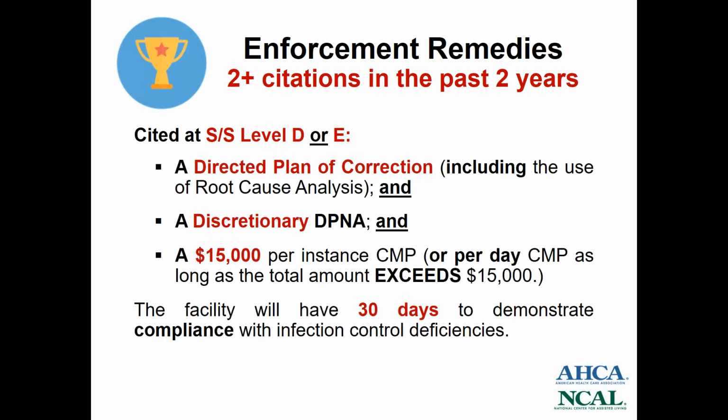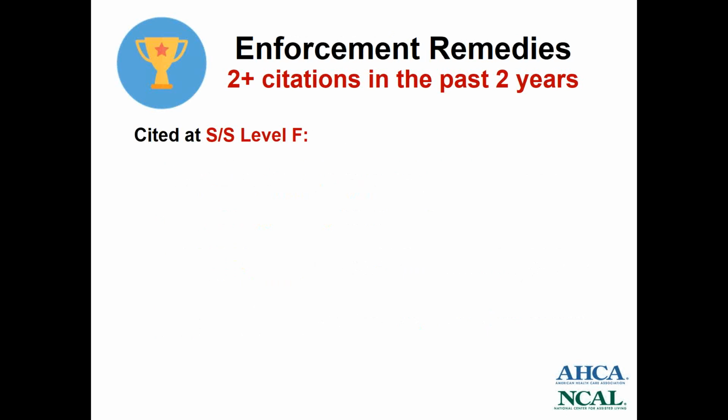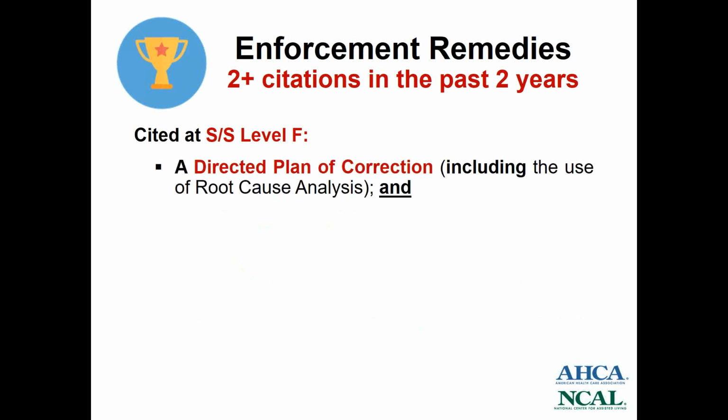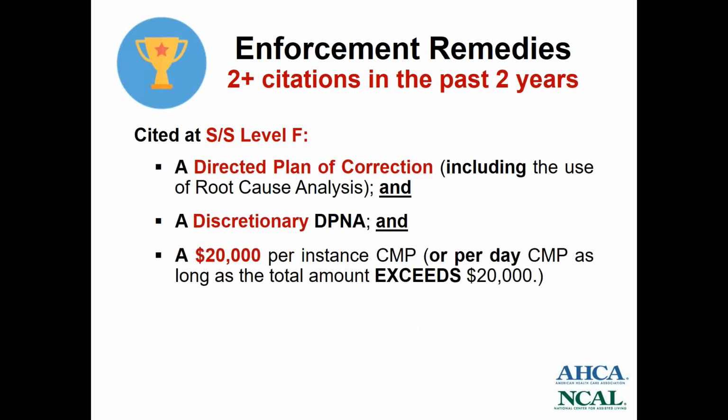Now, what happens if it's an F level? Basically, if it's an F level, things go up a little higher. So you're going to have, again, your directed plan of correction and your discretionary DPNA. Now you're going to have a $20,000 per instance CMP, or you could have a per day CMP as long as the cumulative amount is greater than $20,000.